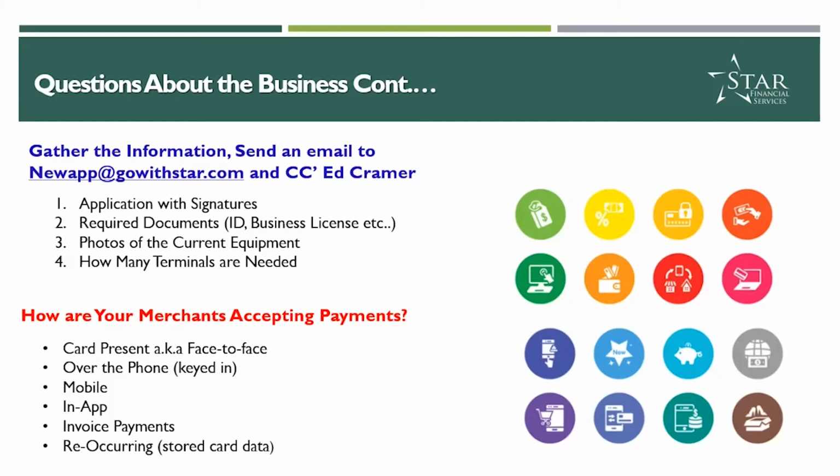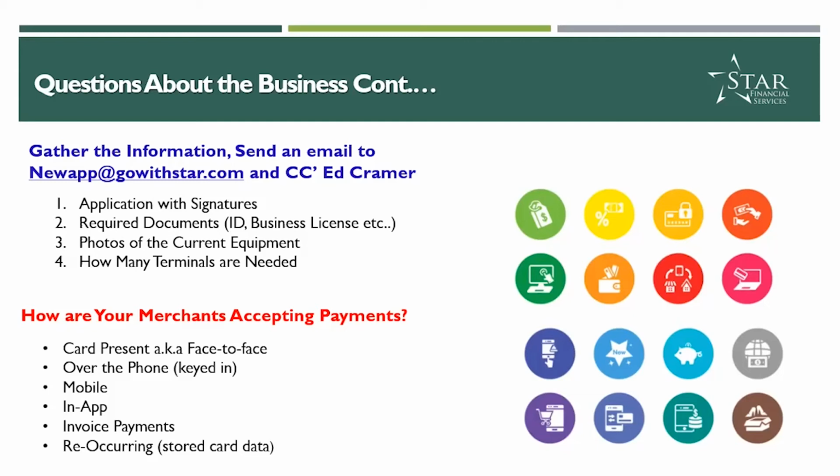And by now, you should be familiar with the business to understand how this merchant is accepting payments. Are they accepting payments face to face, in person, what they consider card present? Or is it a restaurant where they happen to be taking face-to-face payments and payments over the phone?